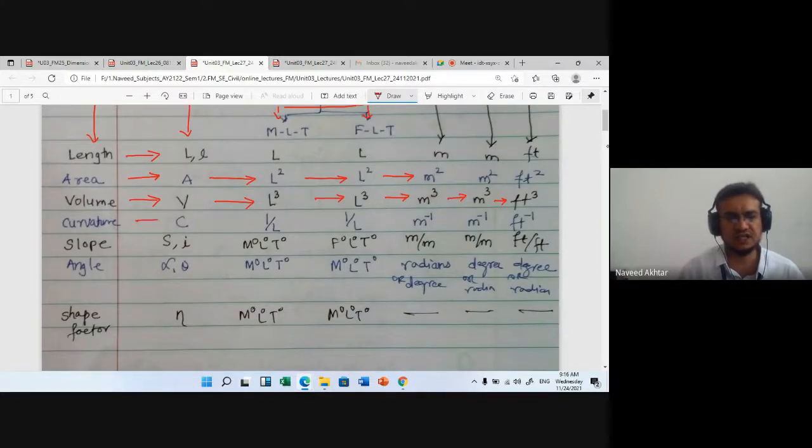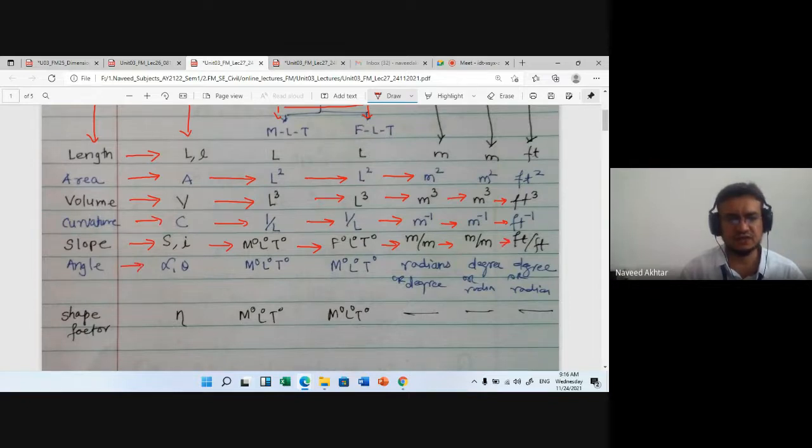Similarly, curvature C is 1 upon L, that is per meter or per foot in the FPS system. Slope S or I, we relate M0 L0 T0, or F0 L0 T0. The slope is the difference of the two points, both in meter per meter, so you can say it is dimensionless, feet per feet in the FPS system.